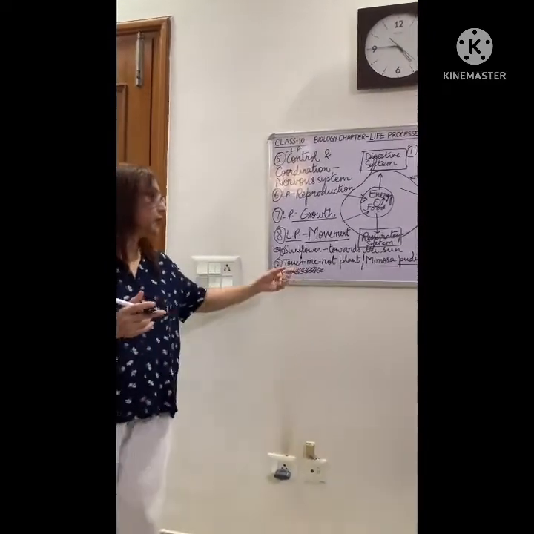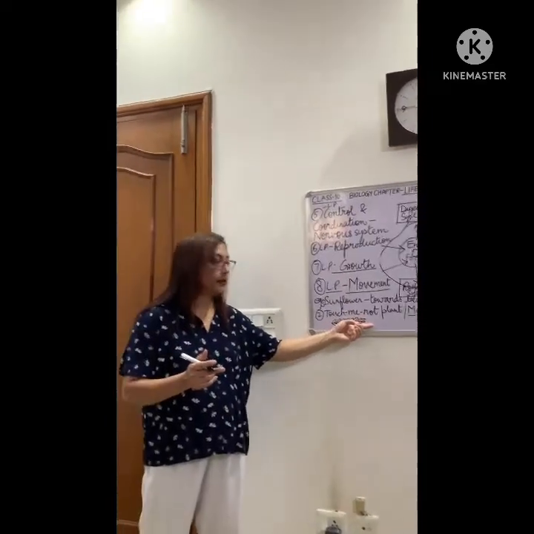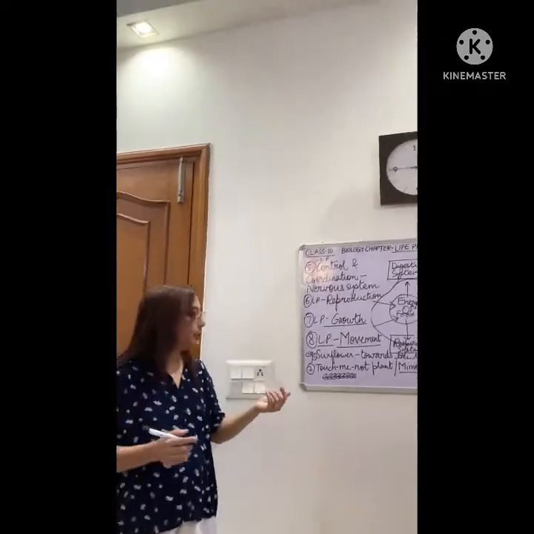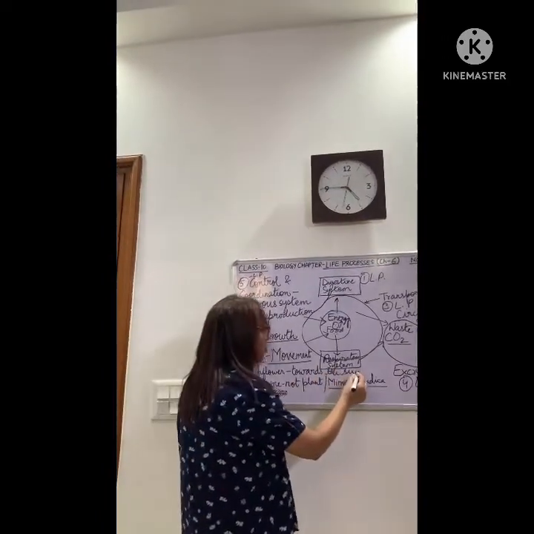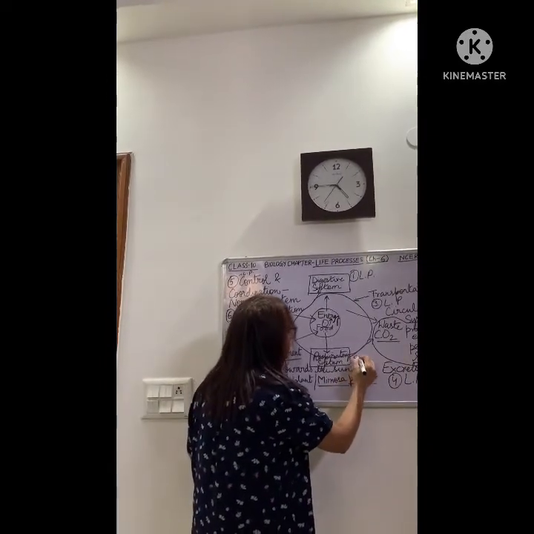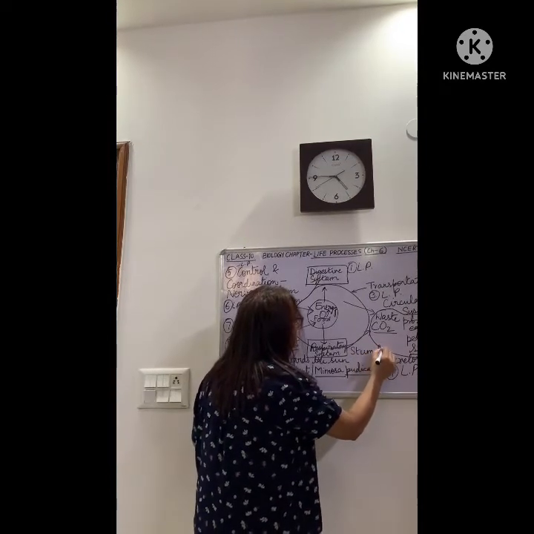So, children, this shows that plants show movement. They show movement in response to different stimuli. The sunflower is showing movement to a stimulus. What is the stimulus here?